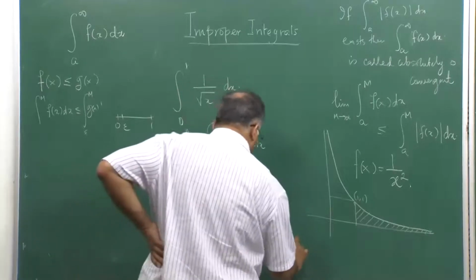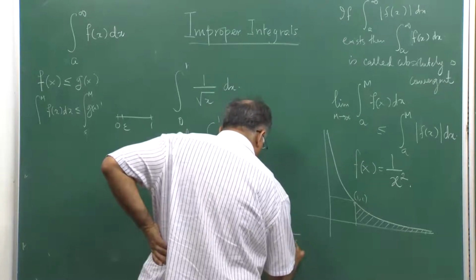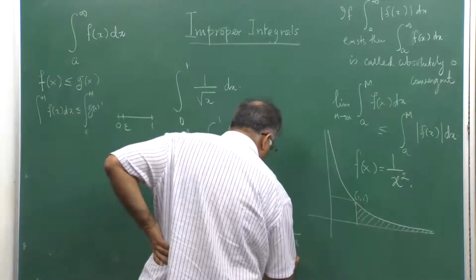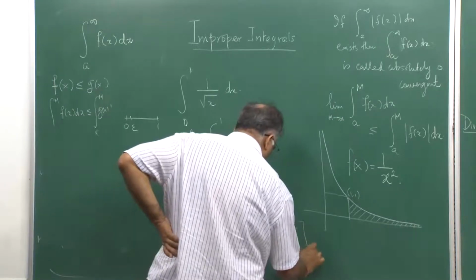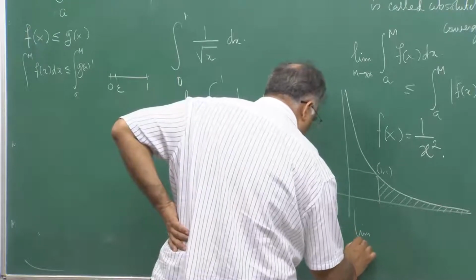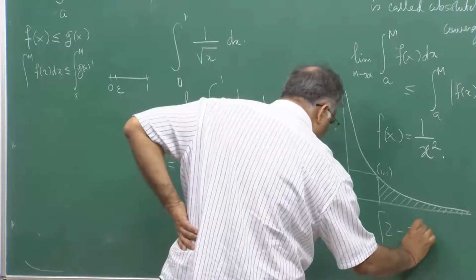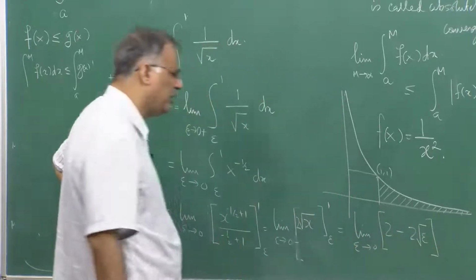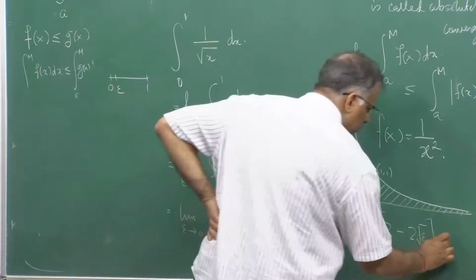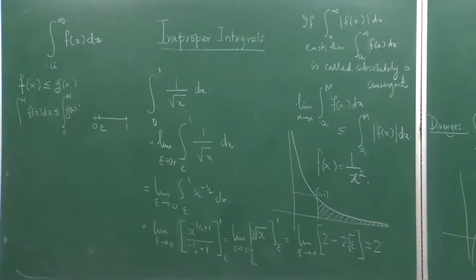So, you will have here x to the power half, root x, so 2 root x from epsilon to 1. So, the limit as epsilon tends to 0 of 2 minus 2 into root epsilon. As epsilon tends to 0, the answer is 2. So, you see, you can give a finite number to it, and we call 2 the value of this integral, right.